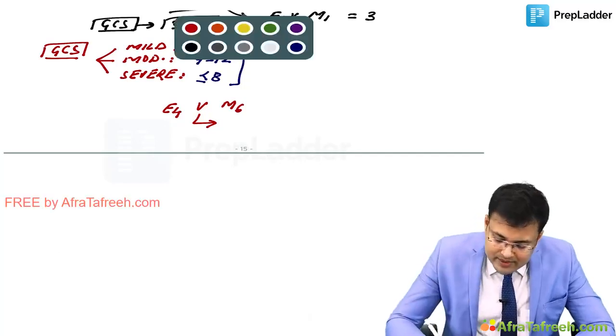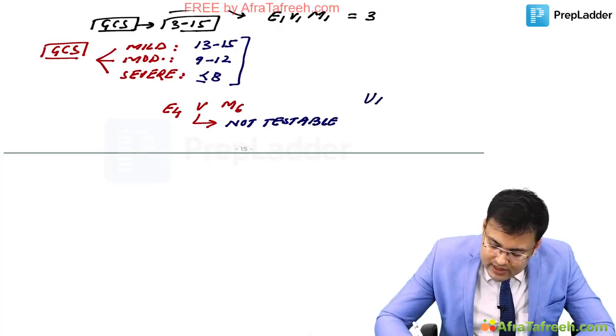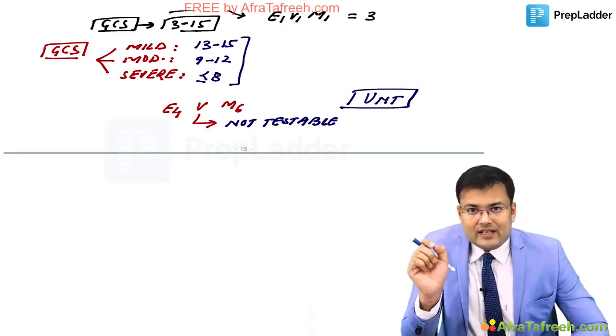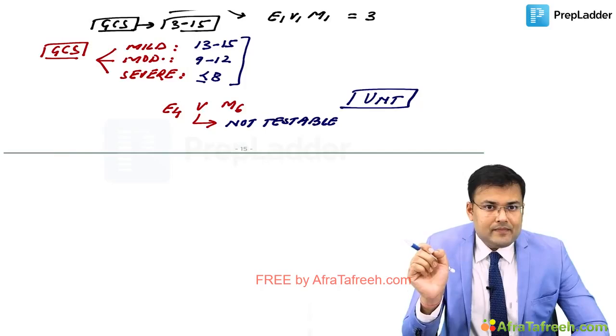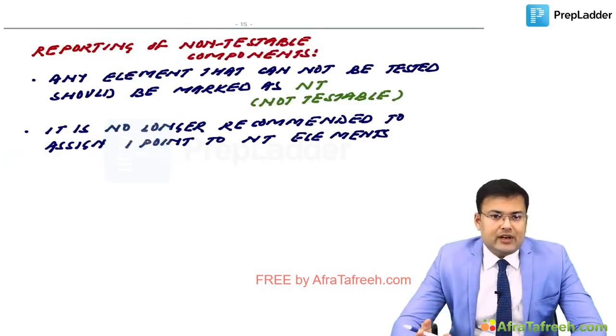So how are we going to depict it? Here we are going to mention that this is not testable, and we are going to write it as NT for that element. Not testable. Now see the important points related to non-testable components or elements.